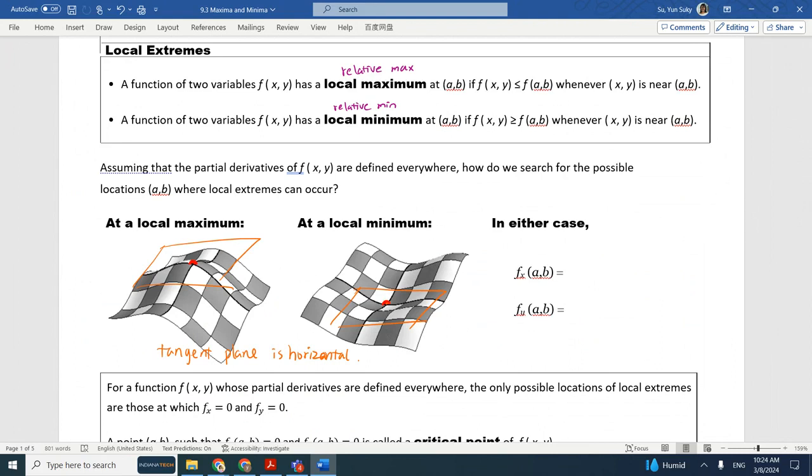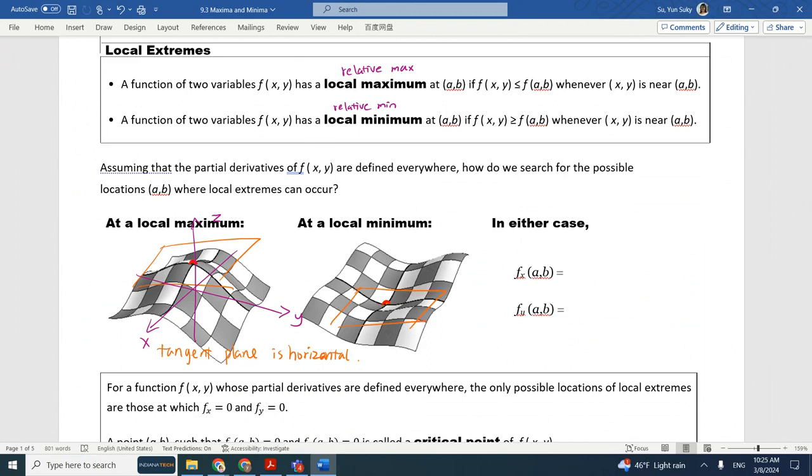And let's look at this. Imagine we have this is the x-axis, this is the y-axis, and this is the z-axis. You can see here the partial derivative with respect to x means your y is constant, right?